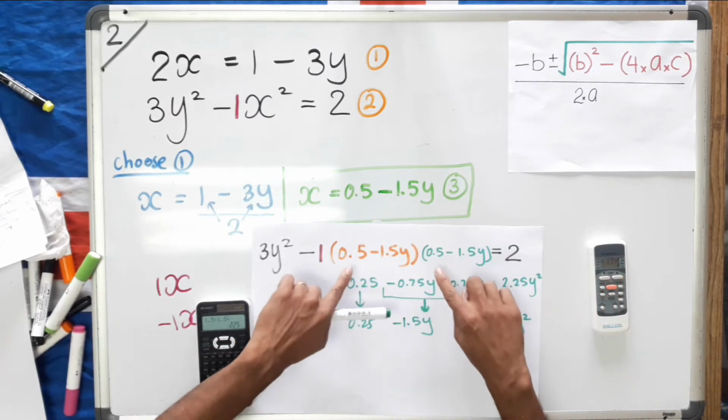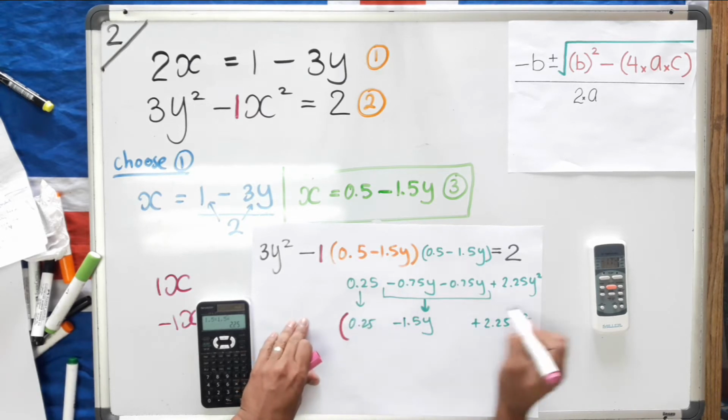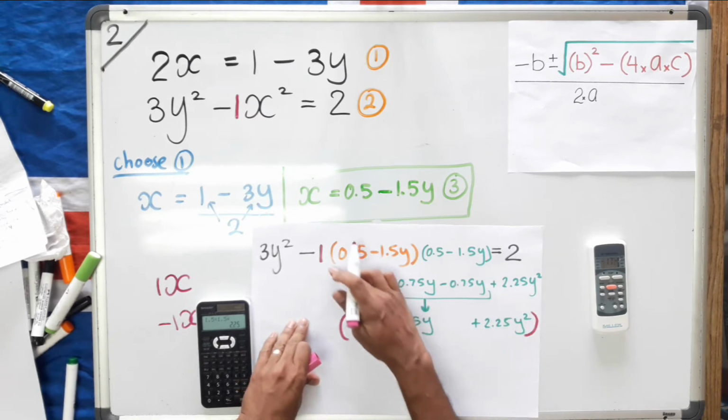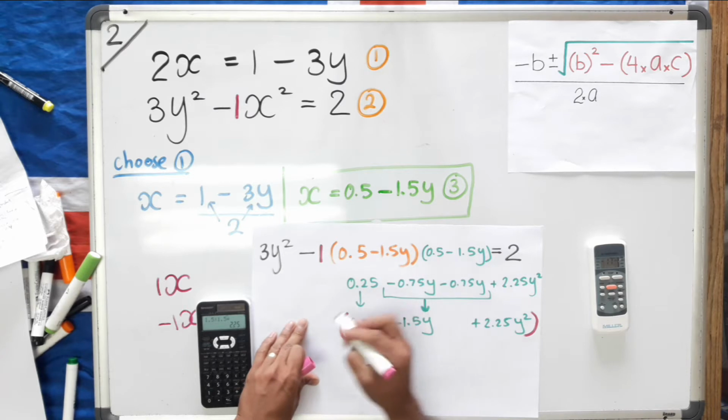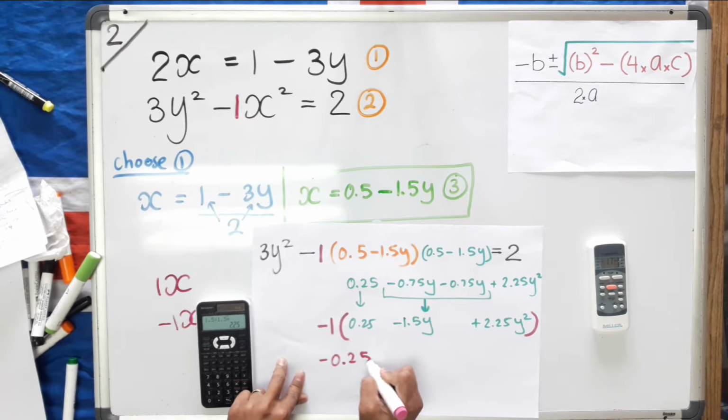We only worked out the orange and green brackets. We still have to multiply this simplified answer by minus 1 on the outside. Multiplying by minus 1 is not going to be a problem. It's really easy. Minus 1 by 0.25 is minus 0.25.